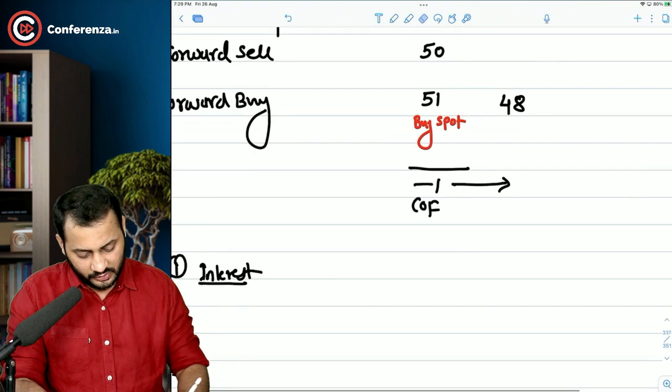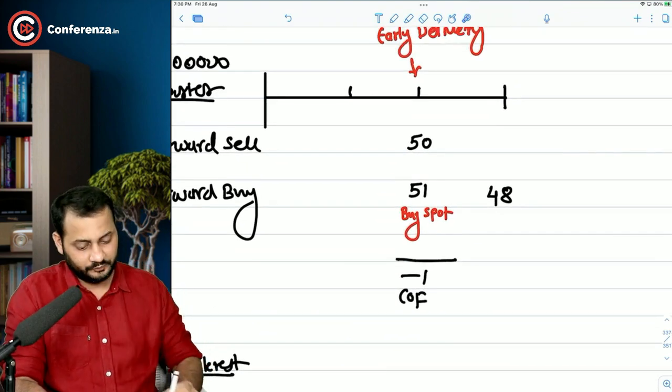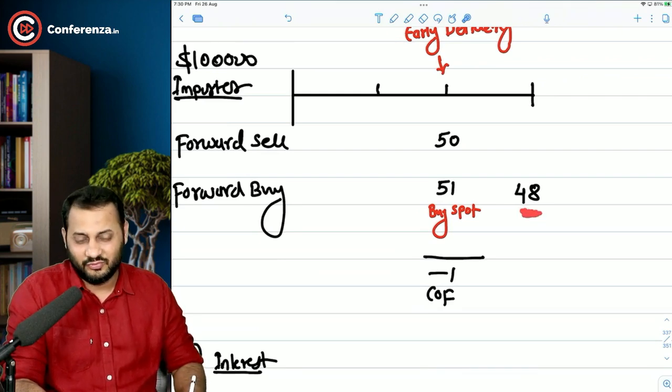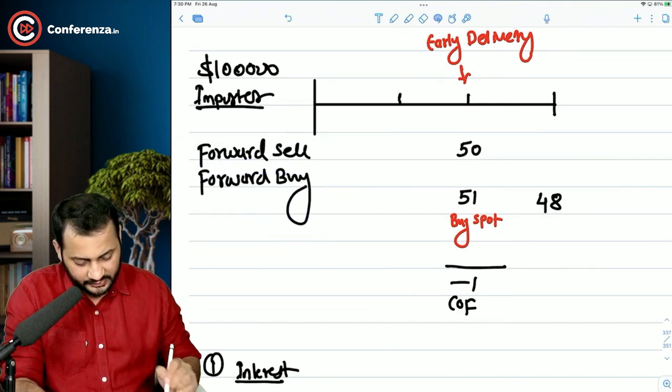Okay, now a couple of more things. What do you think will happen to this cover rate? I will just remove this. I will write it here.